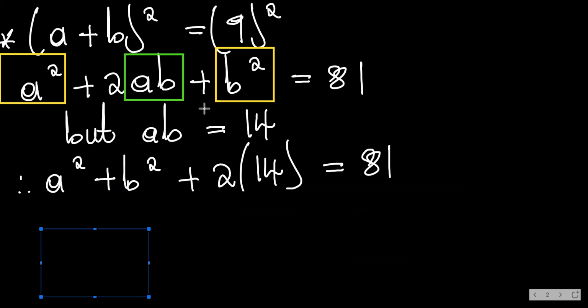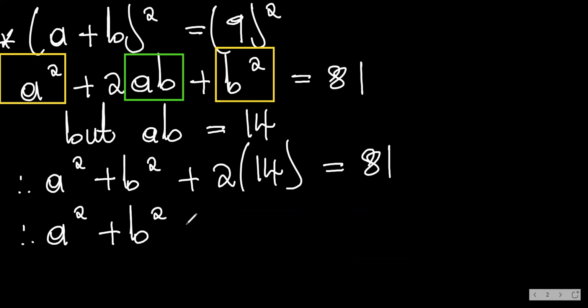So now we can just take this one to the other side and conclude and say A squared plus B squared must be equal to what? 81 minus 2 into 14. Well, this will give us 53.